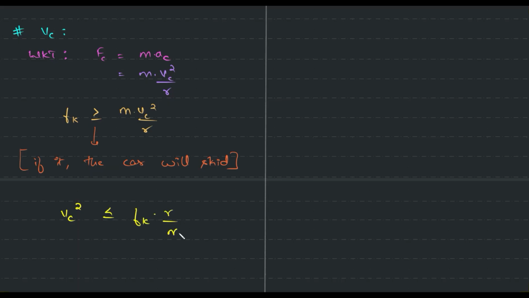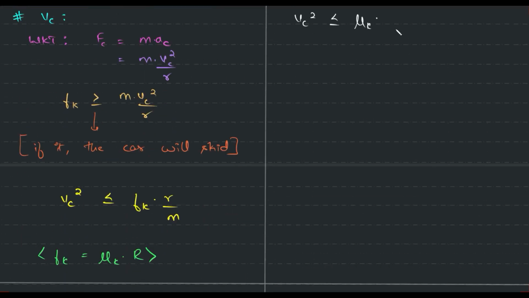So we are getting an expression for v_c square, which will be less than or equal to F_k r by m. But we know F_k is mu_k into your reaction force or normal force, whatever you guys want to call it. Of course I'll call it reaction force because that's what I've taken. So we have v_c square less than or equal to mu_k R r by m. And R is what, guys?